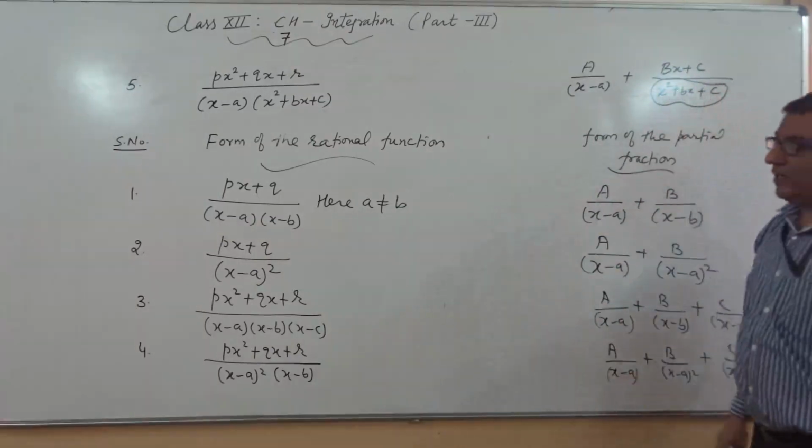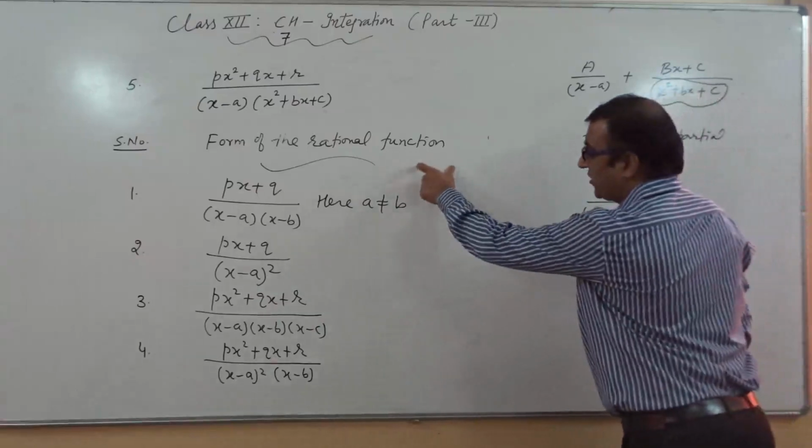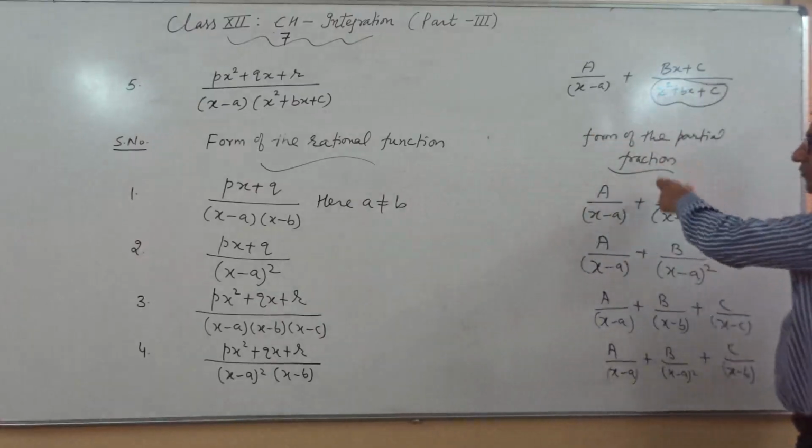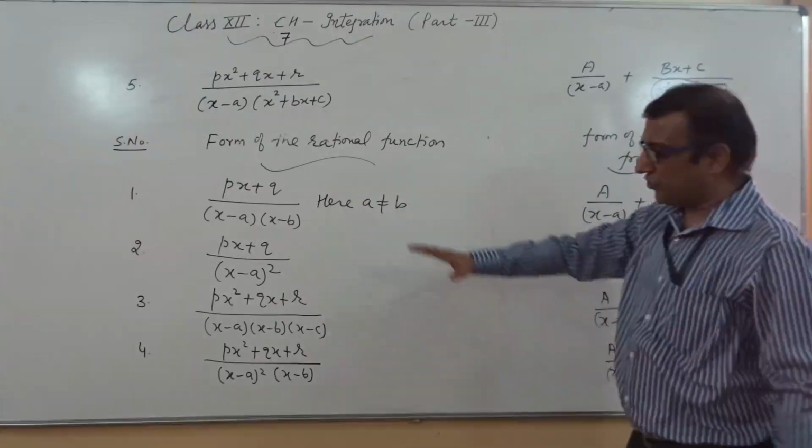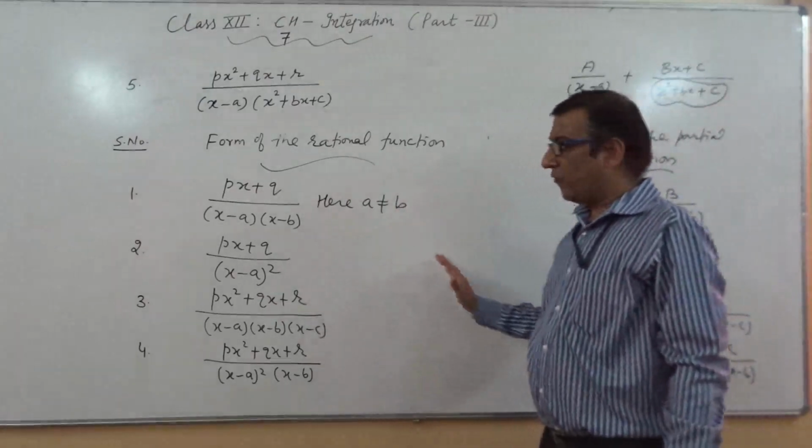So this is the table related with the form of the rational function and the form of the partial fraction. So when a question is given in such a way, then we will go with this table.